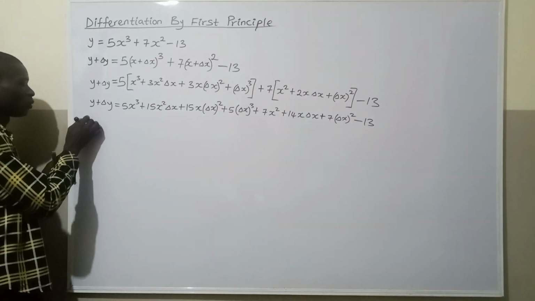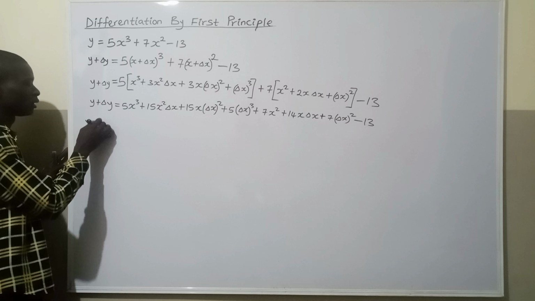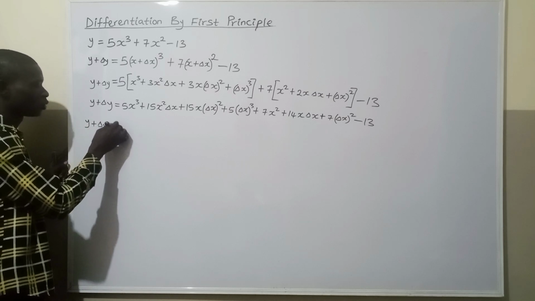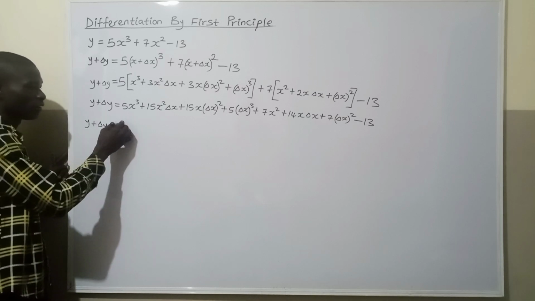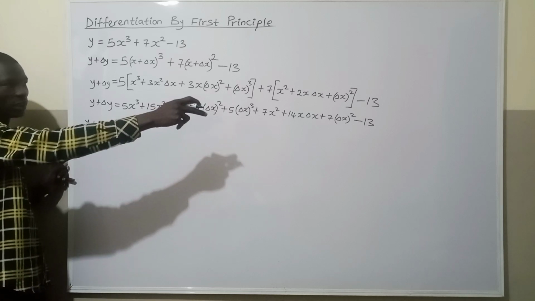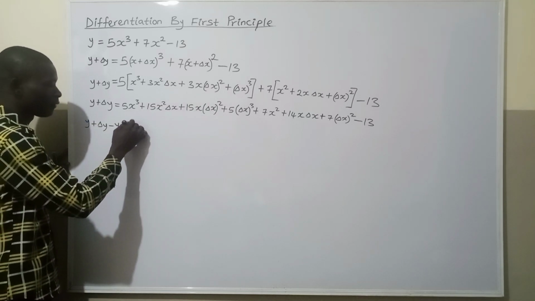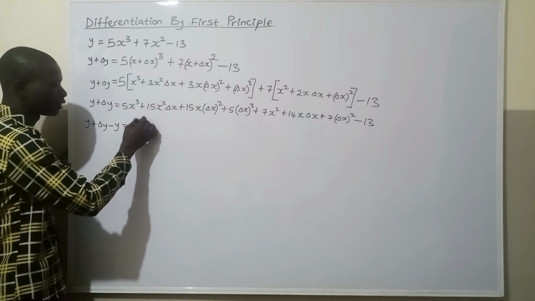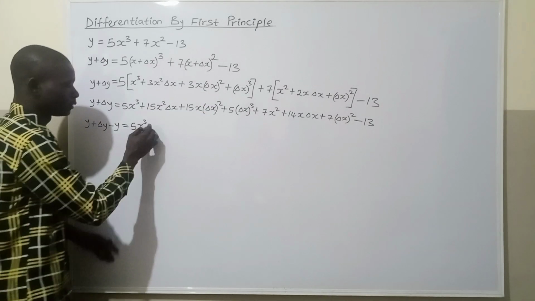So that becomes y plus delta y minus y. That's the left hand side. Whatever happens to the left hand side also happens to the right hand side. So that becomes 5x cubed. I'll be writing everything down here.